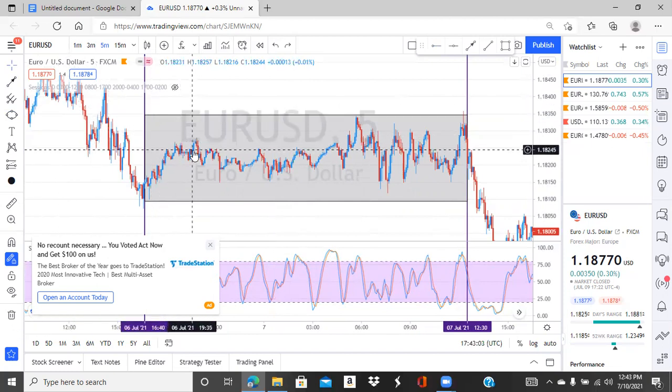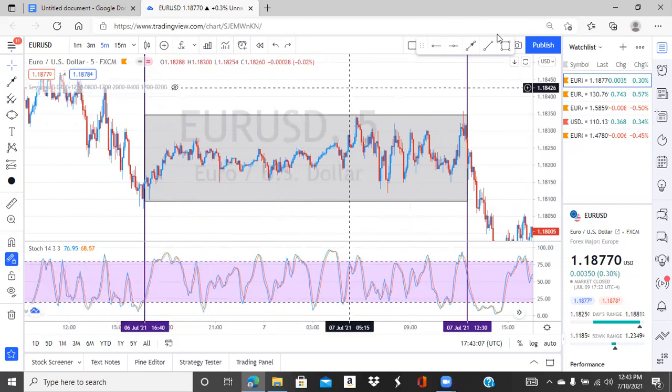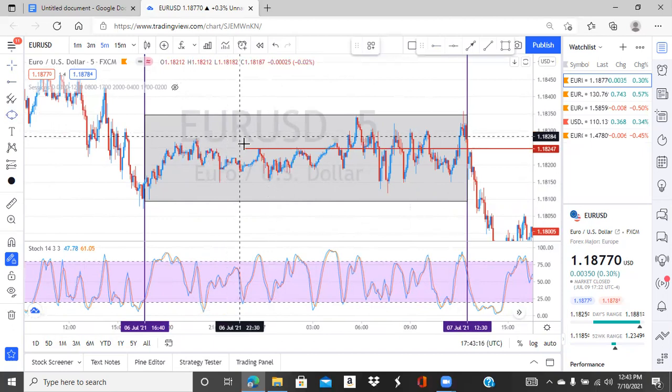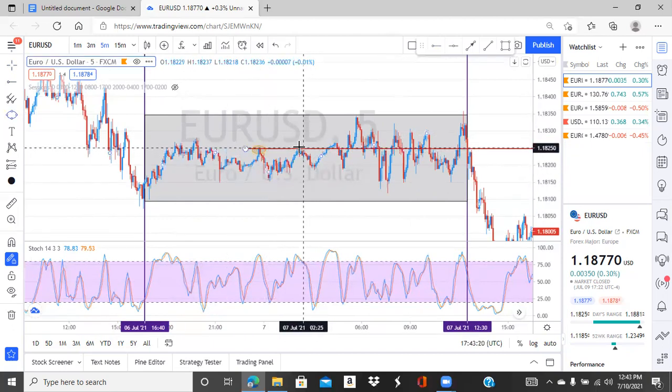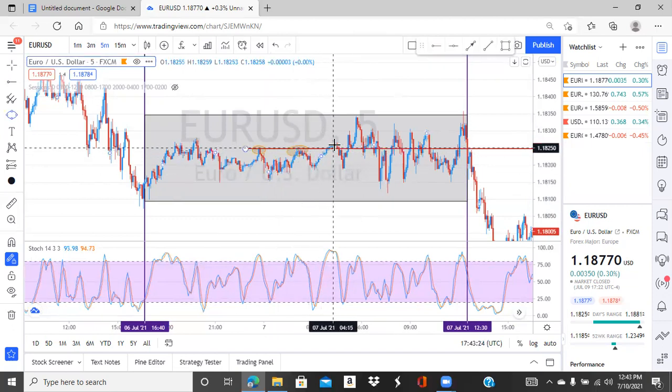It's not going to work perfectly every time because look here. If we would have had resistance right here, and we say, okay, we take this sell here, and we take this sell here, and then we say, okay, if market comes back to it, we'll take a sell again. What happens? It actually broke through.